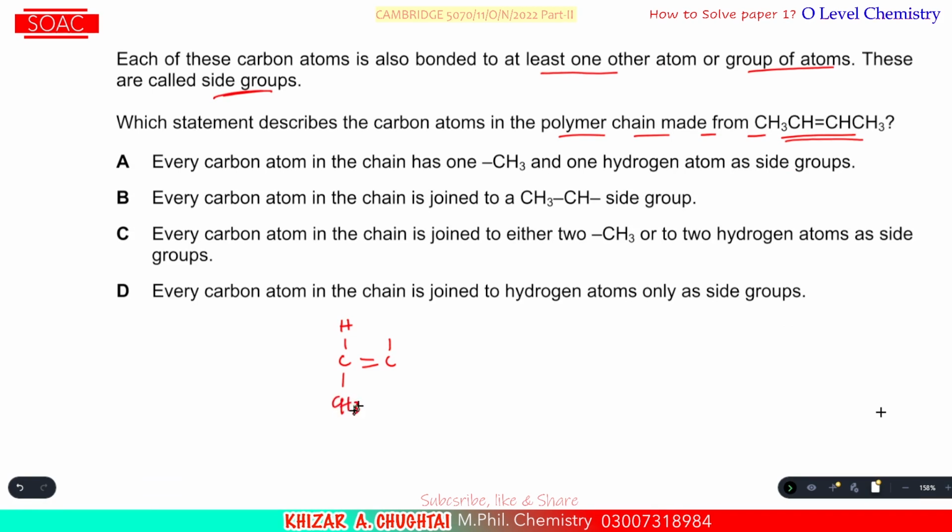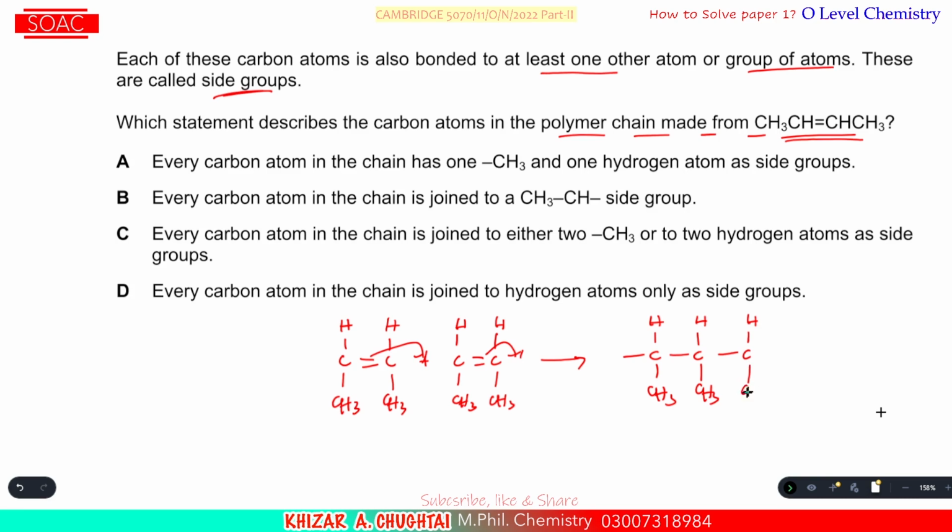Here is CH3, H. And when it's going to react with its similar molecules, our own type of molecules, there is the formation of shifting of the double bond over here, and we are going to have this structure of polymer, and so on.